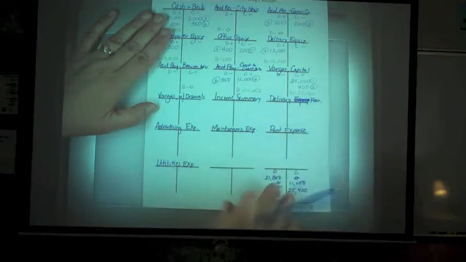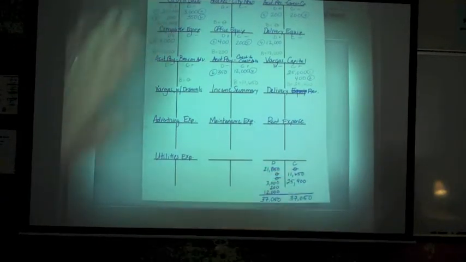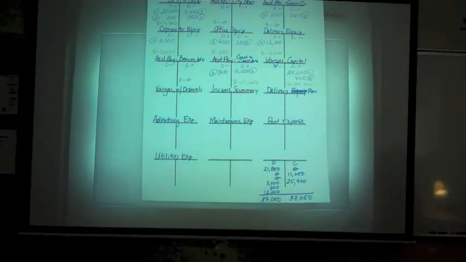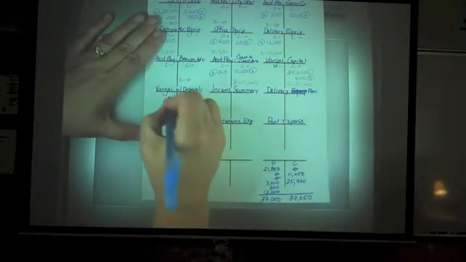Before we start looking at the transactions, we want to mark our T accounts so that we have a visual representation of the debit and credit sides, as well as which side is going to be increased and decreased. The first thing that we'll do is write a debit and credit under each one of them.